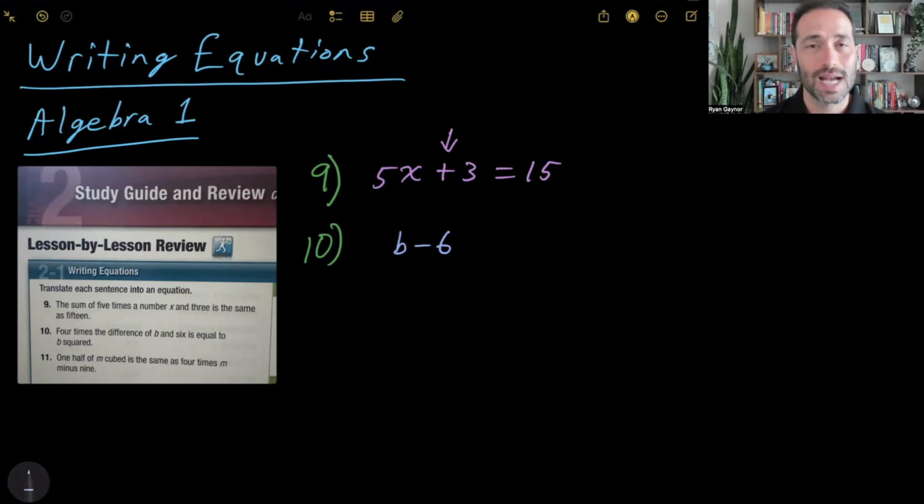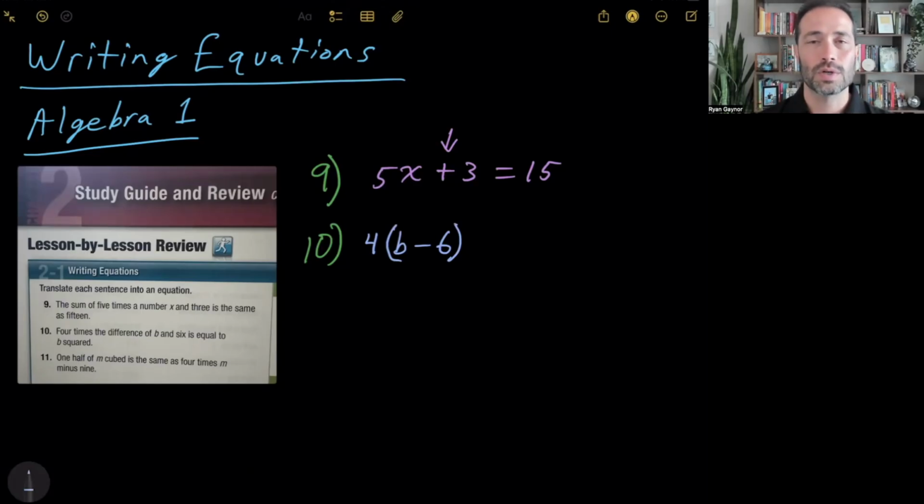It said 4 times the difference. Well, if we're going to multiply 4 times the difference, then this part has to be in parentheses. And then we just put a 4 here. 4 next to a parenthesis means multiplication. And the reason that we're doing this is because it says 4 times the difference of something, right?